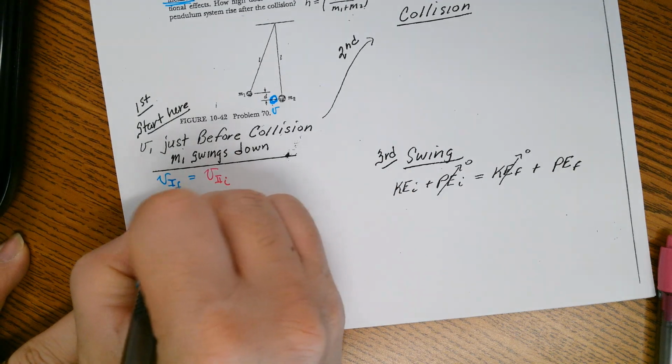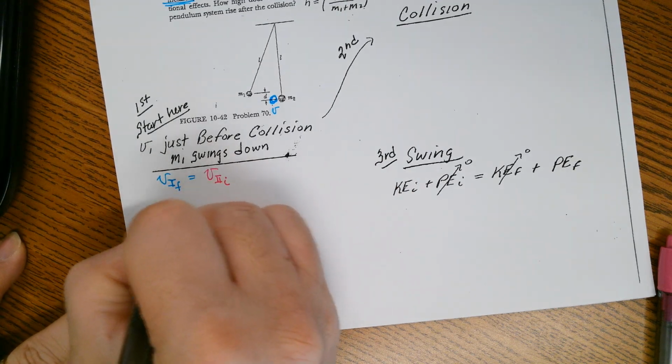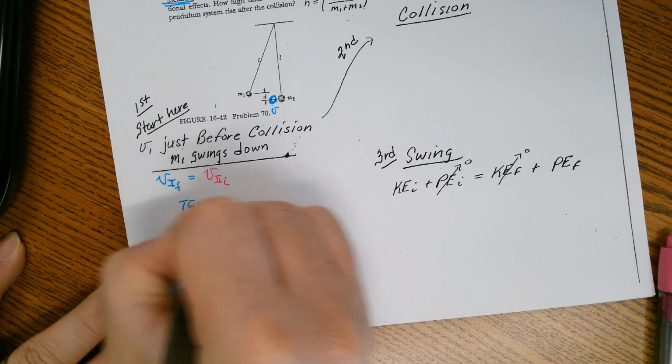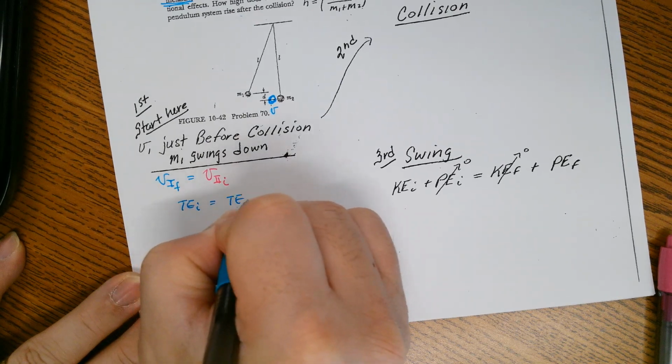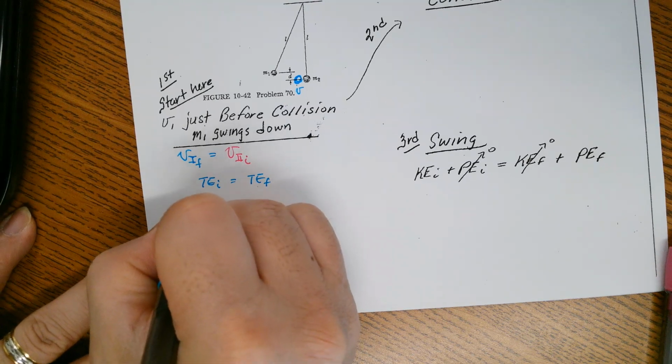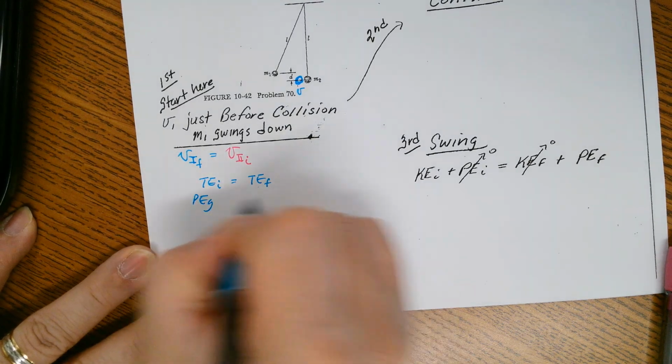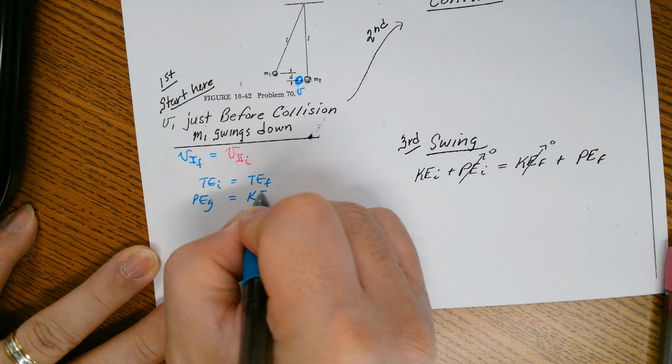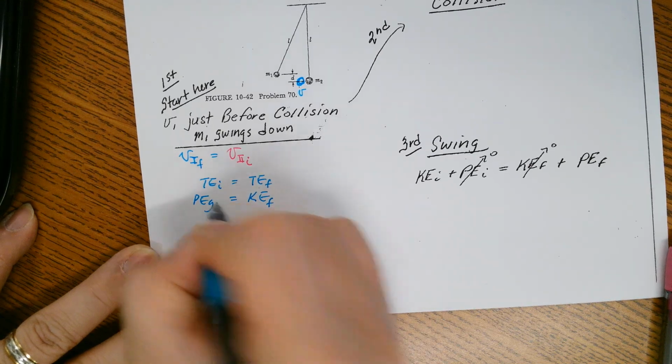Total energy initial must equal total energy final. Initially I only have gravitational potential energy, which has to equal the kinetic energy final.